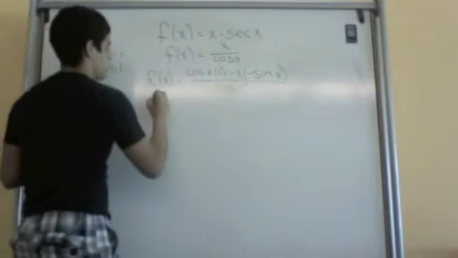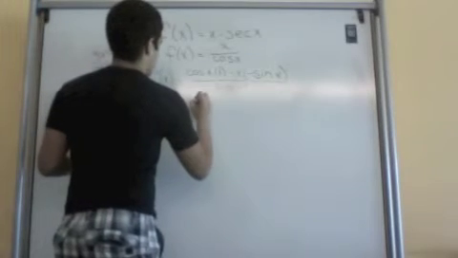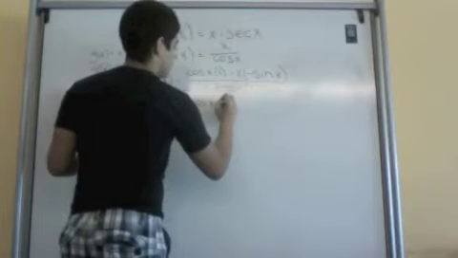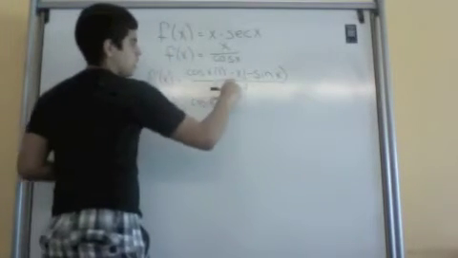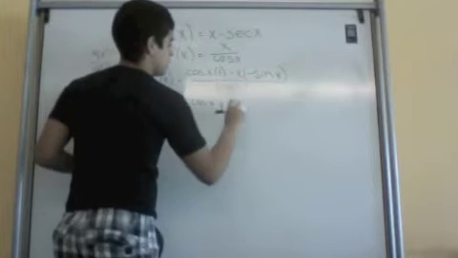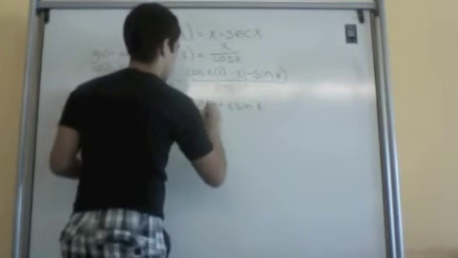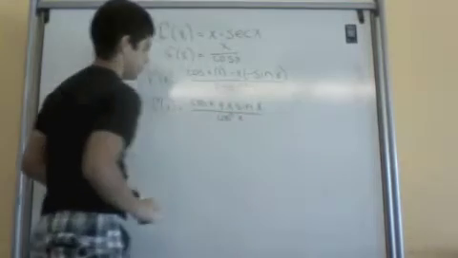Now when we simplify this, f prime of x, we have cosine of x plus x, because negative times negative is a positive, and x times sine of x is x sine of x, over cosine squared of x.